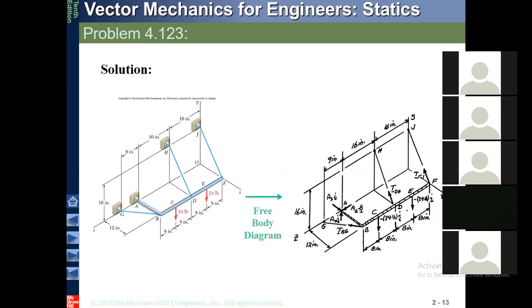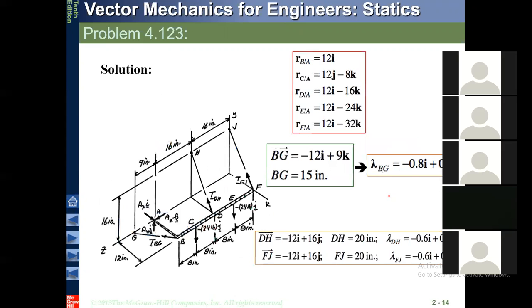Well, in this case, you know the direction of cable forces, but you do not know the magnitude, then you have to use the unit vector for these forces, as you have learned in the previous lectures. So, for example, for TBG, you have -12 in X direction.